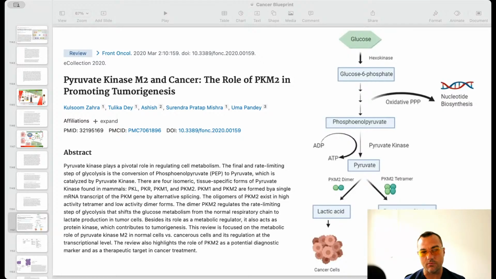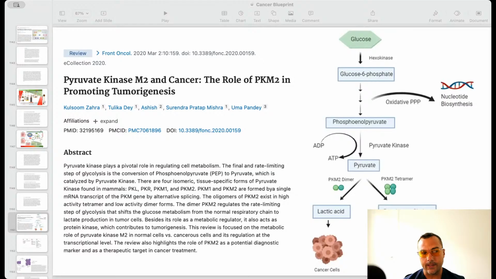There are many things that block PDK. But the thing that's cool about thiamine in particular, that is unique to thiamine and that DCA and other PDK inhibitors don't have, is that thiamine is actually a cofactor for the pyruvate dehydrogenase complex, or PDH.